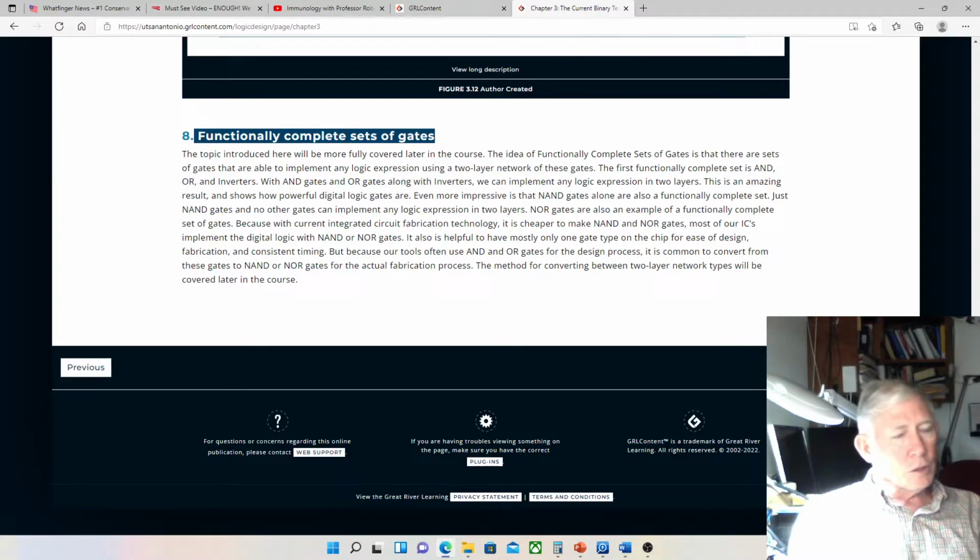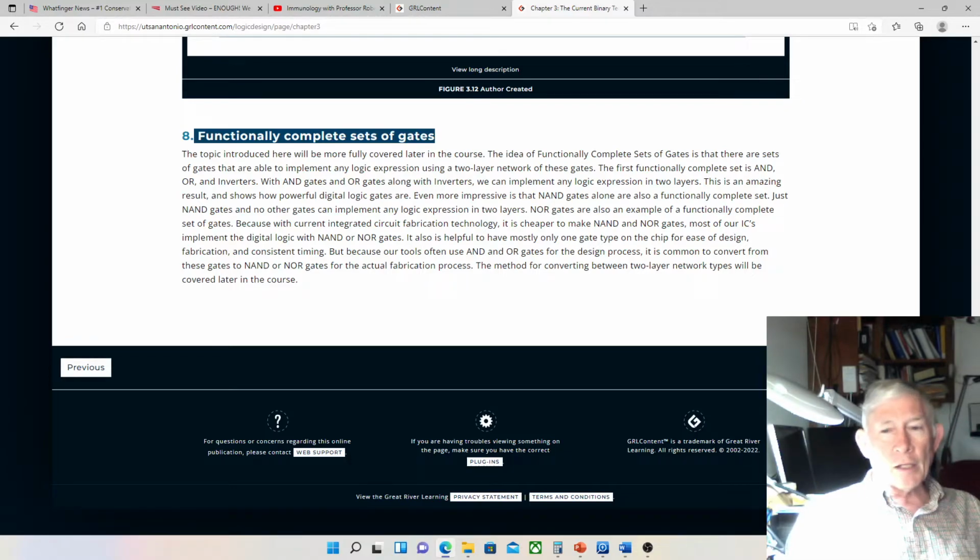But we're gonna leave that because when it comes to manufacturing an integrated circuit, a NAND gate or a NOR gate is easier to manufacture than AND and ORs and exclusive ORs. So for that reason, almost all of our silicon is made with just NAND gates or with just NOR gates. There may be some exceptions for line drivers and otherwise, but most of those gates will be identical things. They will just be exact duplicates of each other.